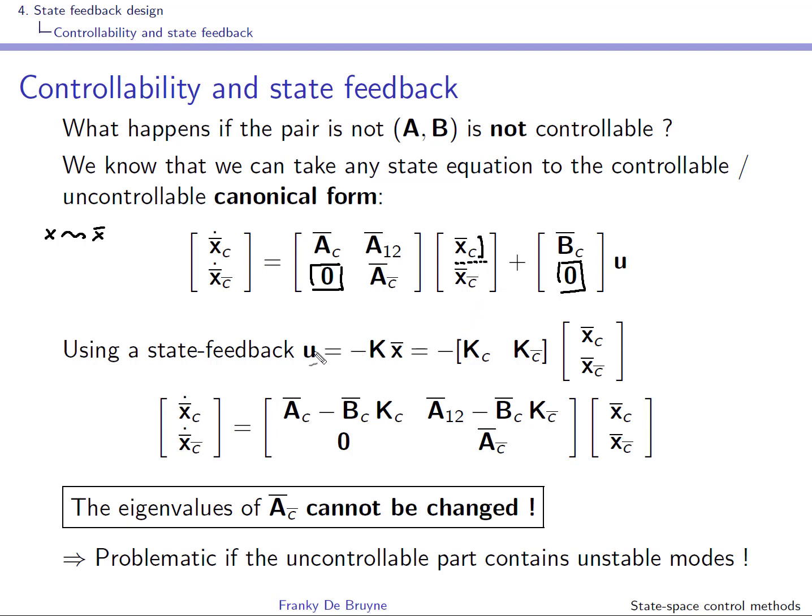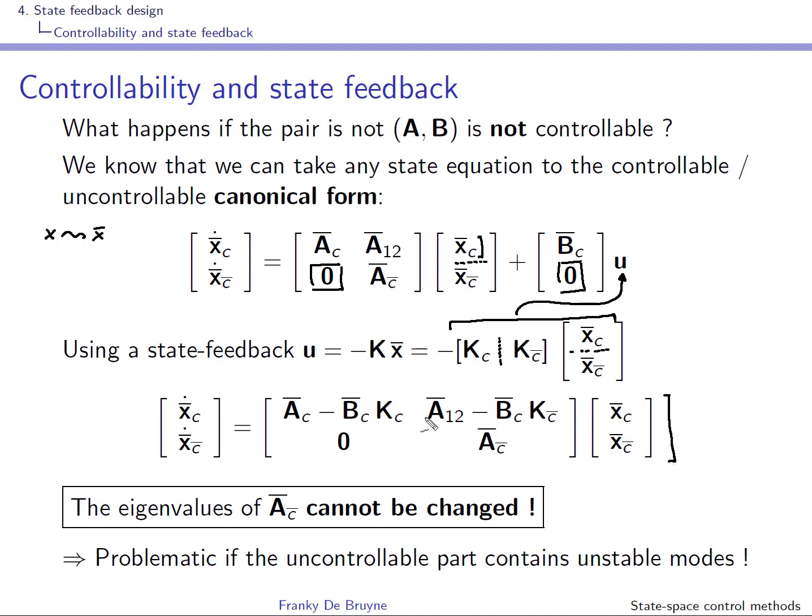Okay, so if we now use a state feedback u is equal to minus K x bar, as we have two parts of the state, a controllable part and an uncontrollable part, we can divide our K similarly and call it Kc and Kc bar. And if we inject this over here, and we do the calculations, what we'll see is what we have over here.